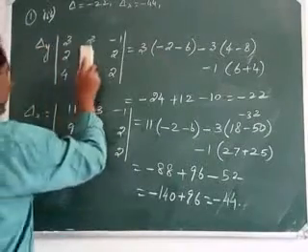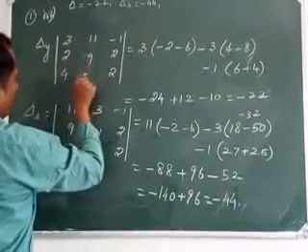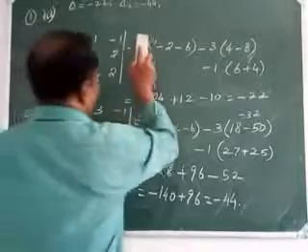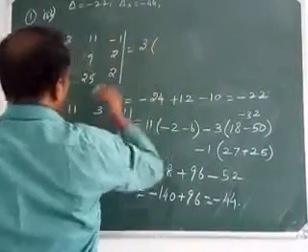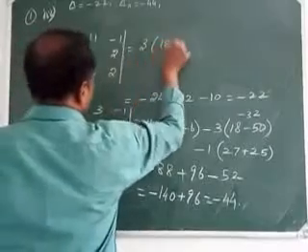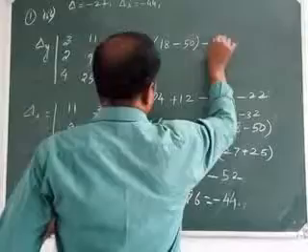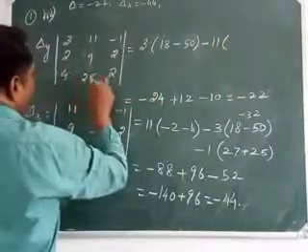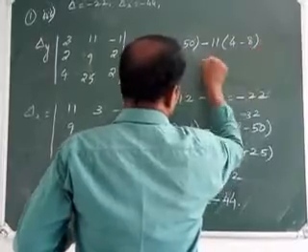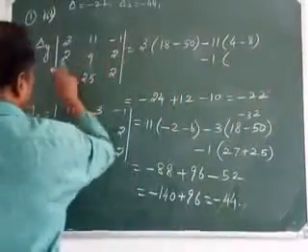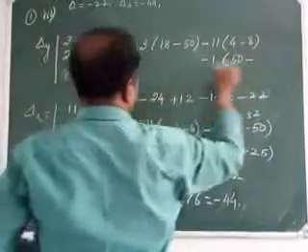to replace the second column by 11 9 25. This implies 3 into 9 twos are 18 minus 25 twos are 50, and then minus 11 into 2 twos are 4 minus 4 twos are 8, and then minus 1 into 25 twos are 50 minus 9 fours are 36.